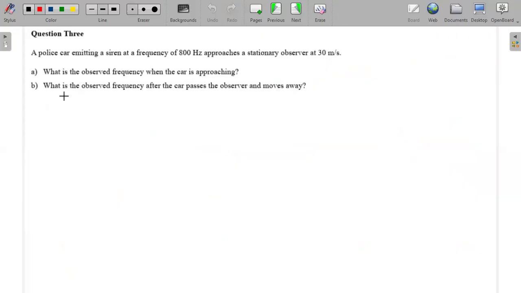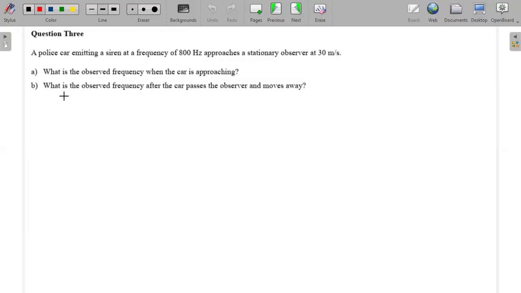Question 3 says: a police car emitting a siren at a frequency of 800 Hz approaches a stationary observer at 30 meters per second. So in this particular case, there's an observer who is a human being, of course, and there's a police car that is emitting a siren.